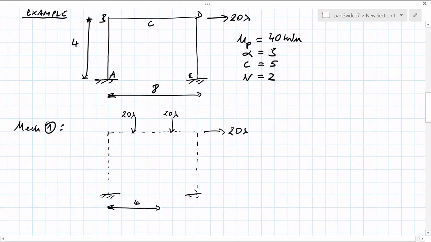For mechanism 1, as we said before, we assume the plastic hinge develops at the midspan. To make the analysis slightly more accurate, we're taking the distributed load and applying it halfway along each half span.